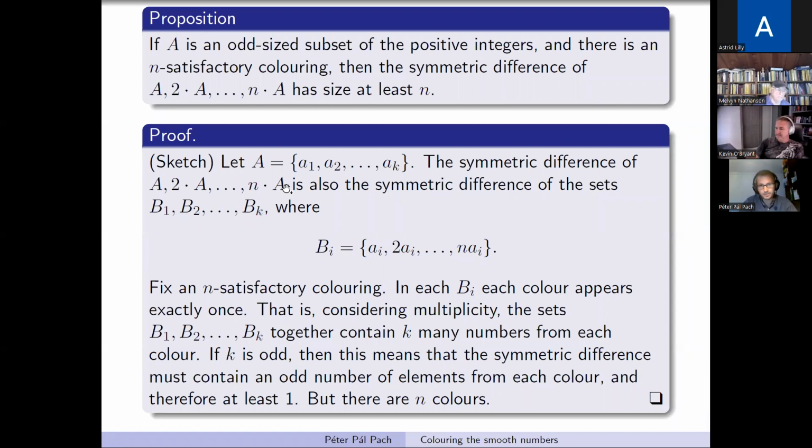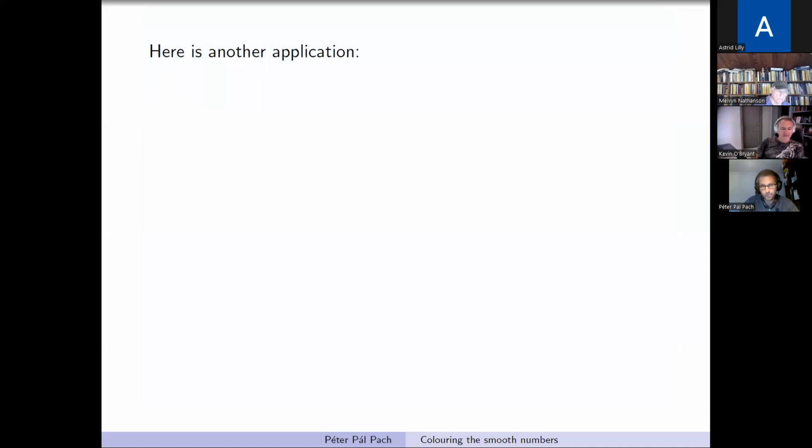The symmetric difference of the original n sets is the same as the symmetric difference of these sets. But in each set Bi, there is exactly one green element, if green is one of the colors that we use in the n-satisfactory coloring. So we are taking the symmetric difference of an odd number of sets, each of which contains exactly one green element. So at the end, in the symmetric difference, there will be at least one green element, and this also holds for the other colors. So this was the connection with Pilz's question.